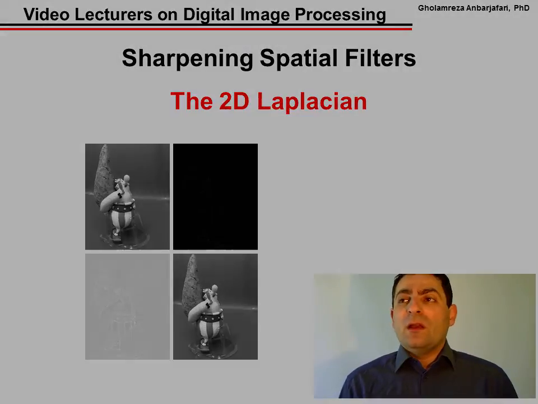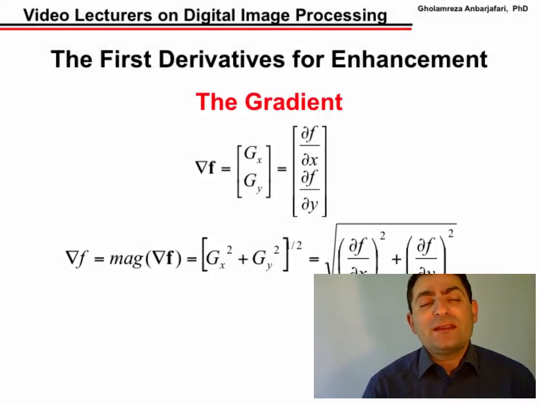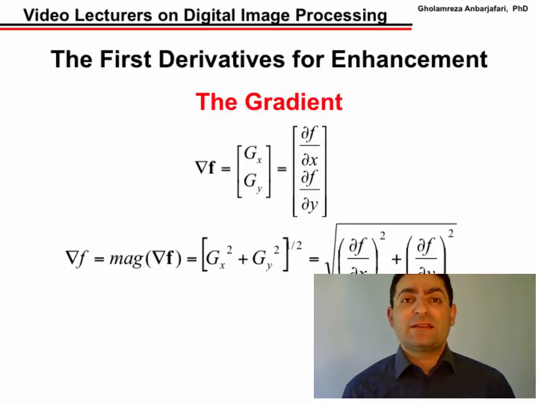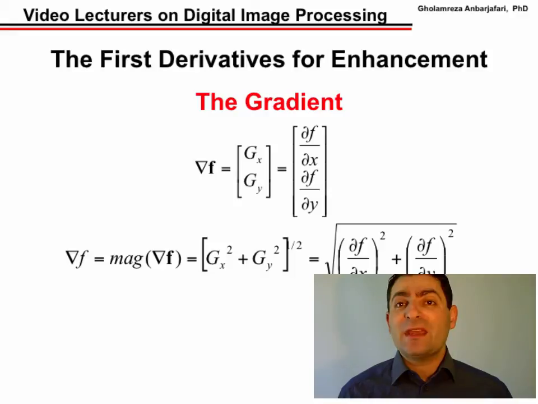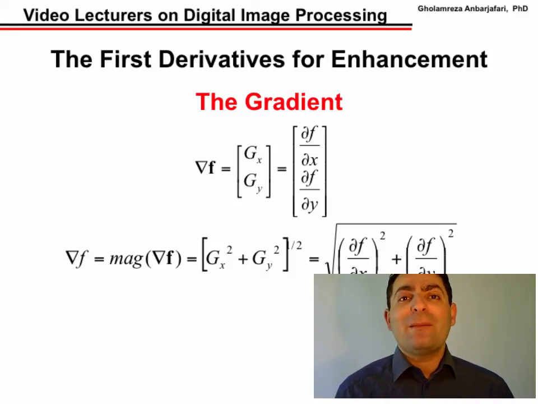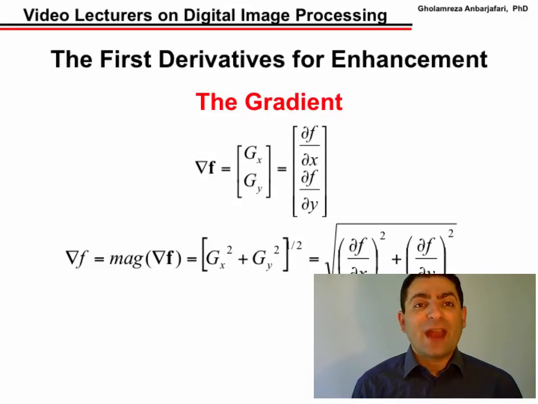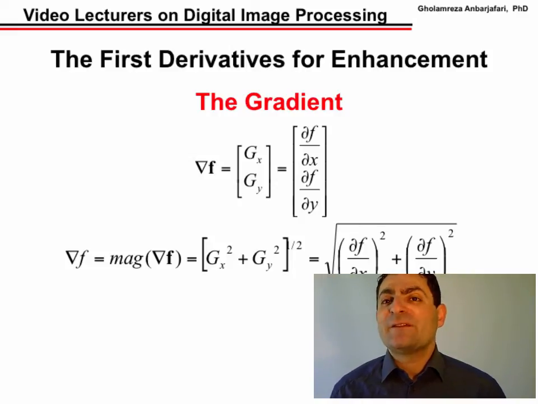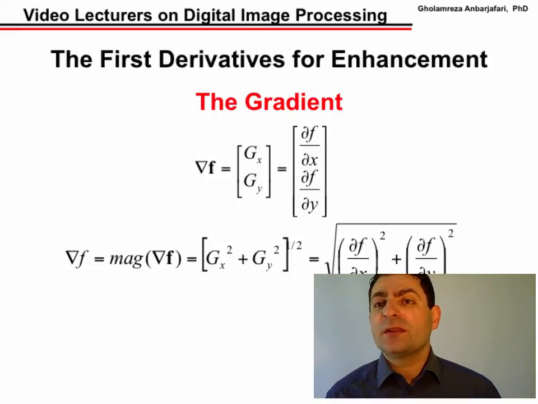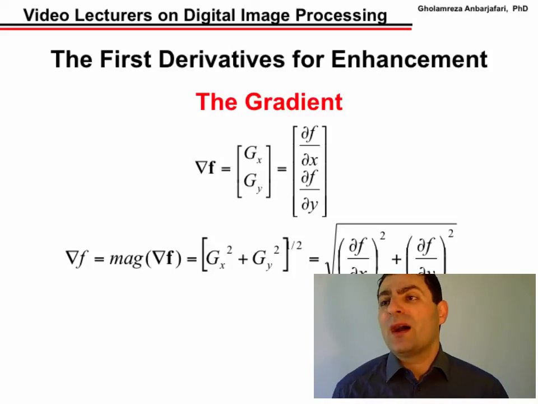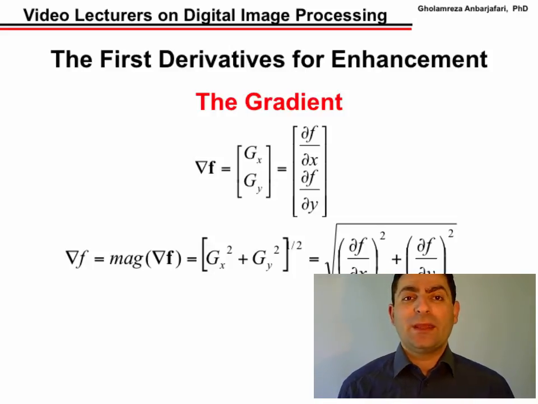Now, another first order derivative that we use for image enhancement is the gradient. The first derivatives in image processing are implemented by using the magnitude of the gradient. The gradient of f at coordinate x and y is defined by a two-dimensional column vector, denoted by gx and gy.